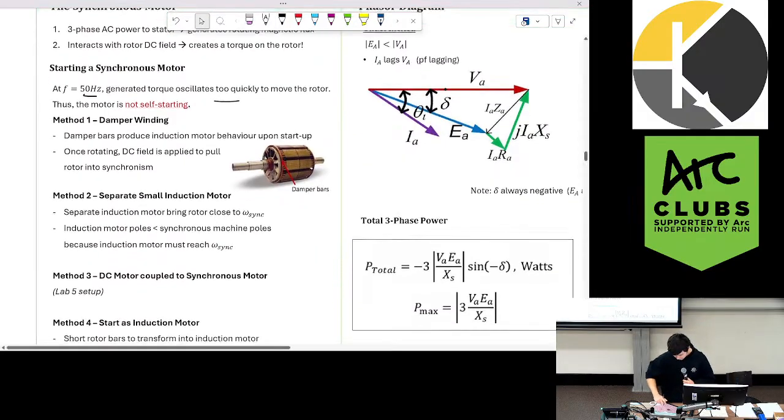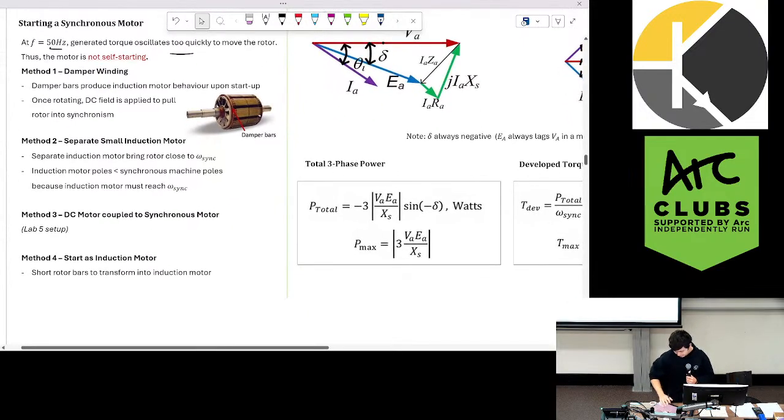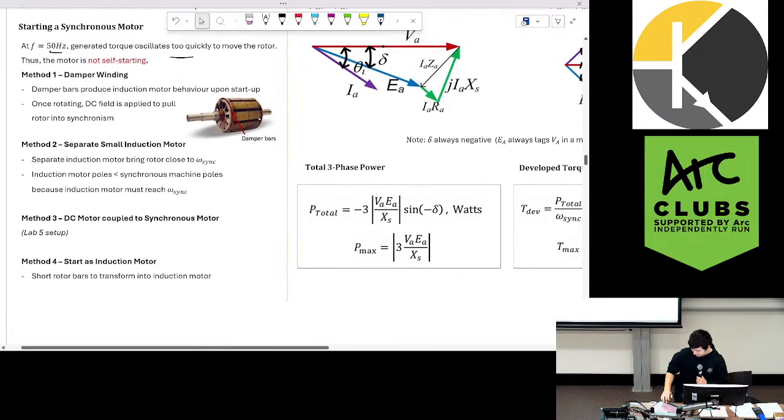So it's not self-starting in a different sense to how a single-phase induction machine is not self-starting. Single-phase, it's only vibrating. Synchronous, it is rotating, but it's rotating too fast to actually catch it. It can't catch up within a rotation. So it slips, and then it yanks it backwards, which contributes to a net zero torque.